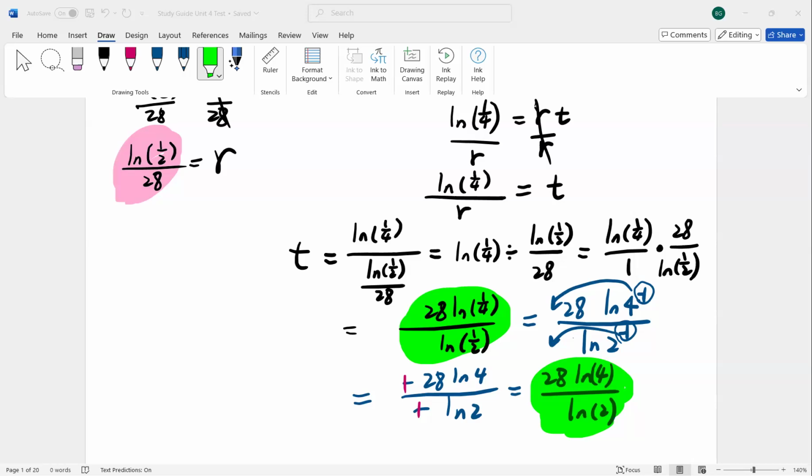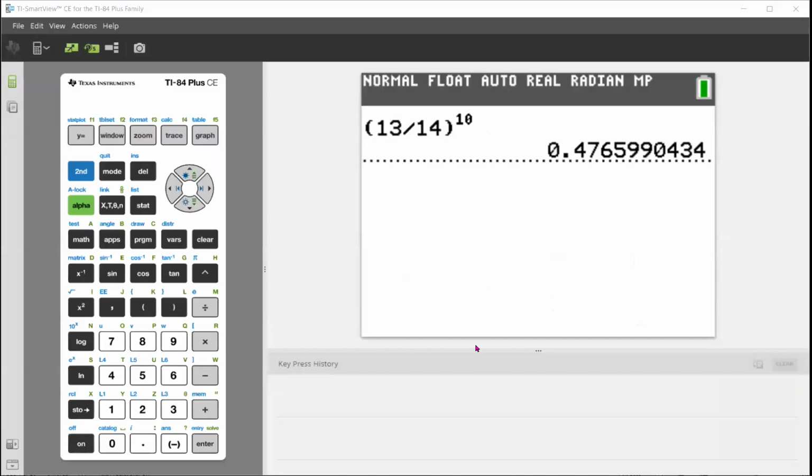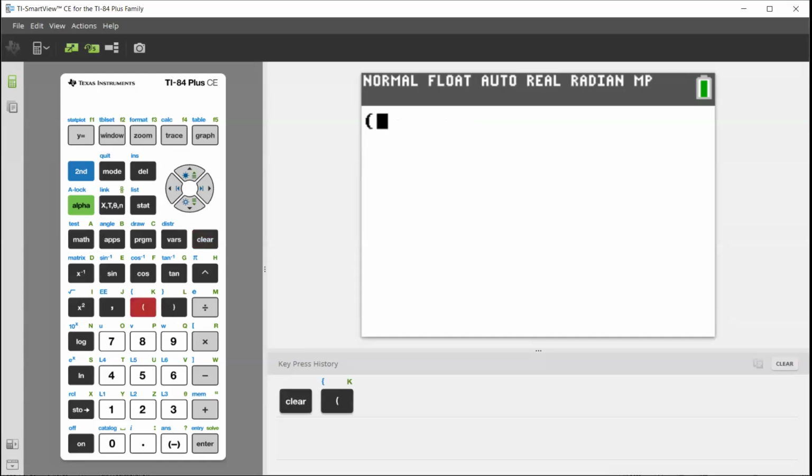So let me stop share and then go share the calculator. Okay, I remember it's 28 on the top, right? I like to play with the structure, so I use parentheses. Well, you don't have to. If you have a quotient, you can do the numerator first, which is 28 times ln 4.